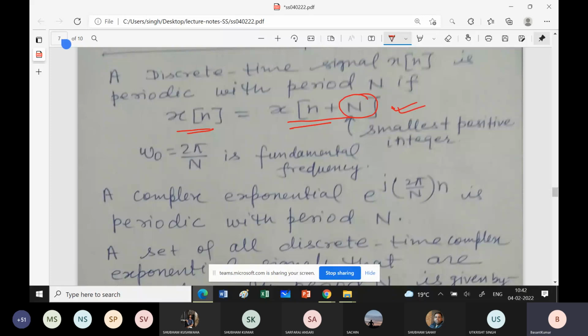So that is a fundamental time period. Then fundamental frequency is 2 pi upon N, so this gives you the fundamental frequency.